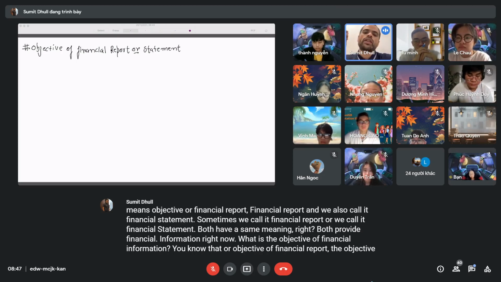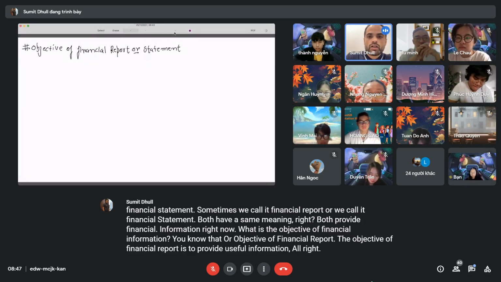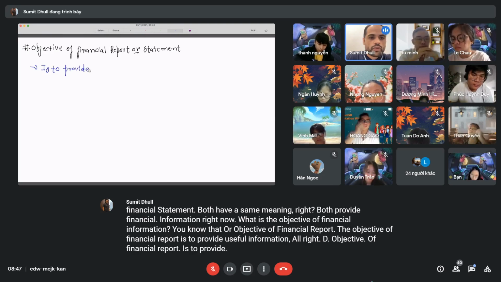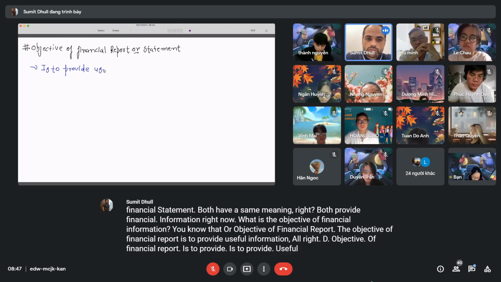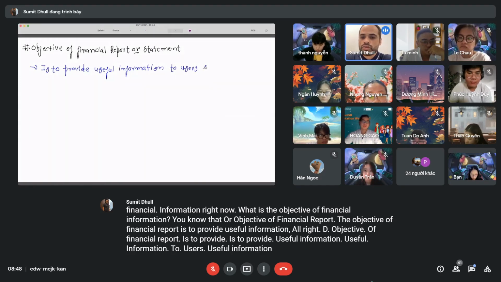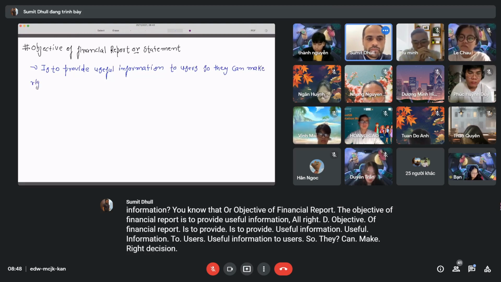The objective of financial report is to provide useful information to users so they can make right decision.